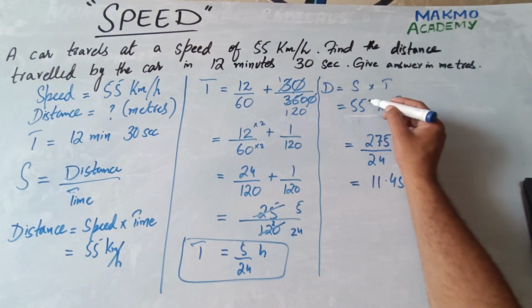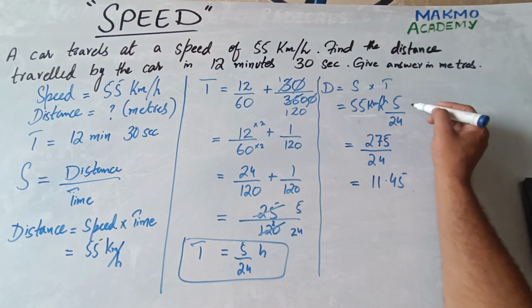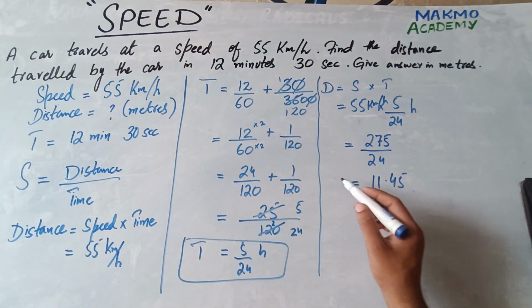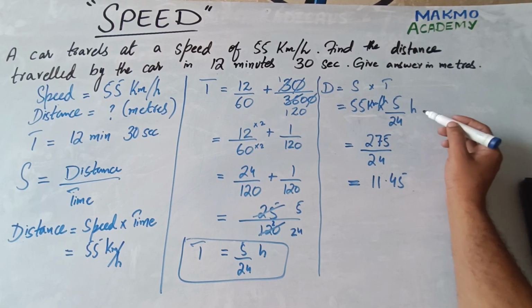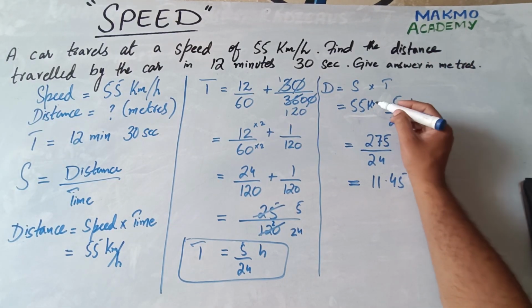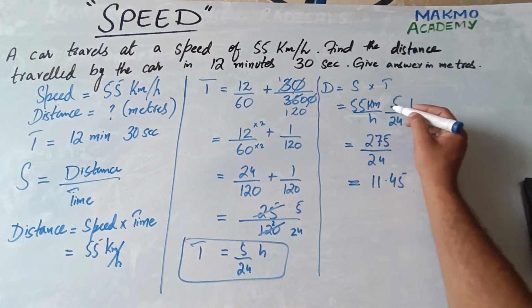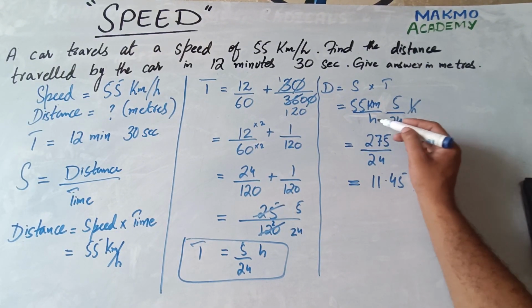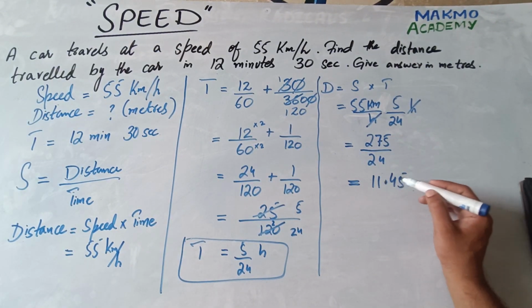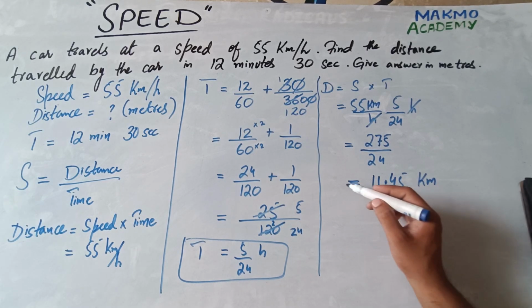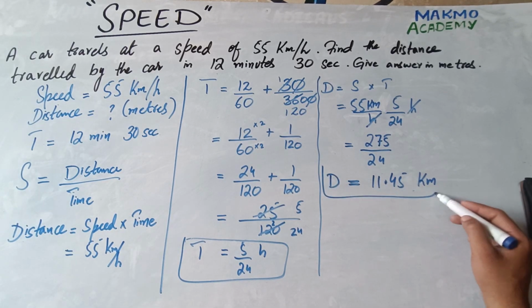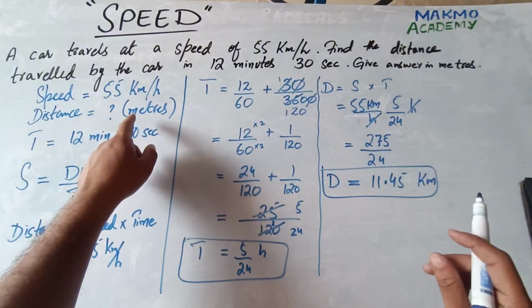Now this was in kilometer per hour and this was in hour, so the answer of the distance would be in kilometers. Hour and hour have cancelled, so the distance is in kilometers, but in the question we were asked to give the answer in meters.